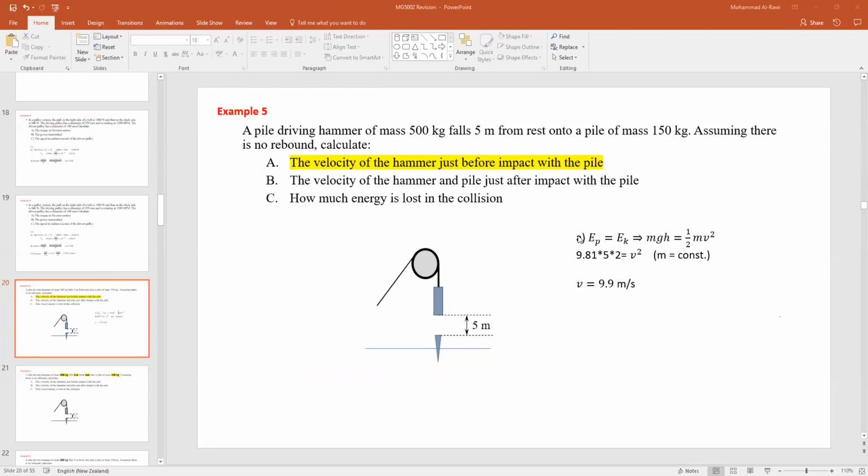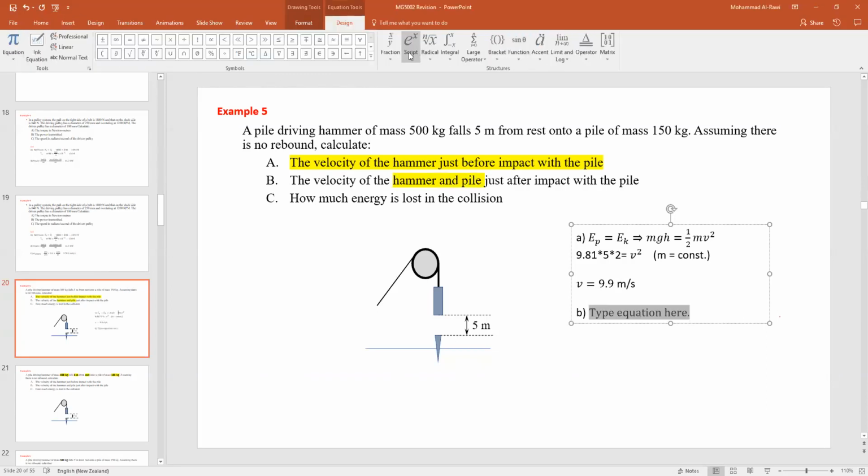All right, let's do part B. So for part B, what do we have? Try to find the velocity of the hammer and pile. So it means the velocity of the hammer and the pile together, let's highlight this, just after impact with the pile. So technically, you have a different equation you need to use. So it's M1V1, and I want you guys to rewrite this equation, especially Matthew.